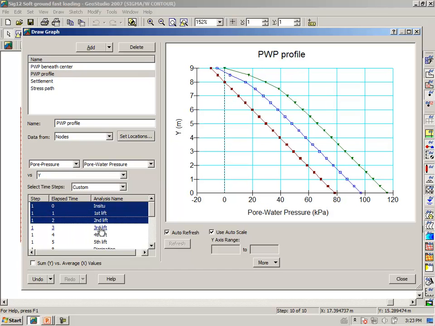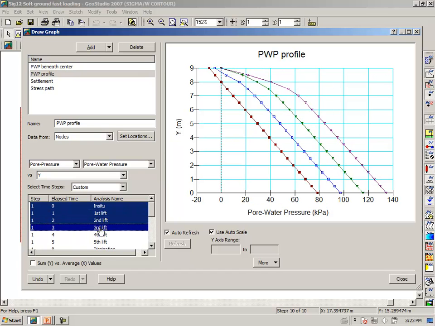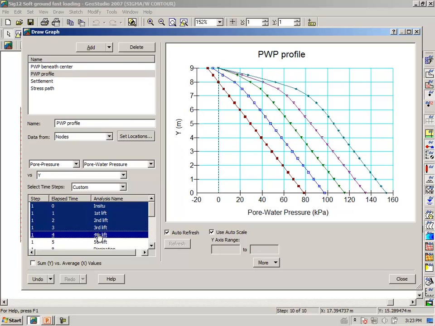And then the pore water pressure increases as we continue to place more fill, but the pore pressure never exceeds 0 at the original ground surface because of our seepage face review on the ground surface.